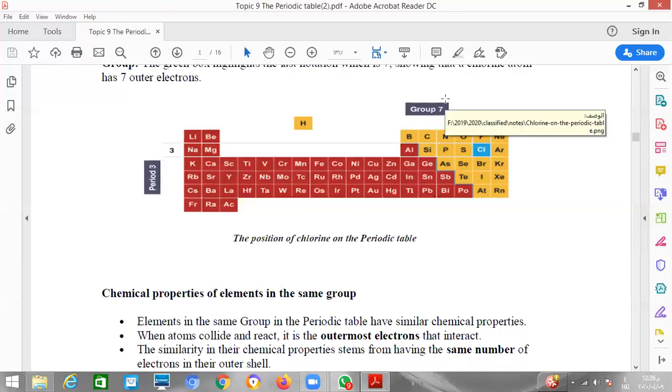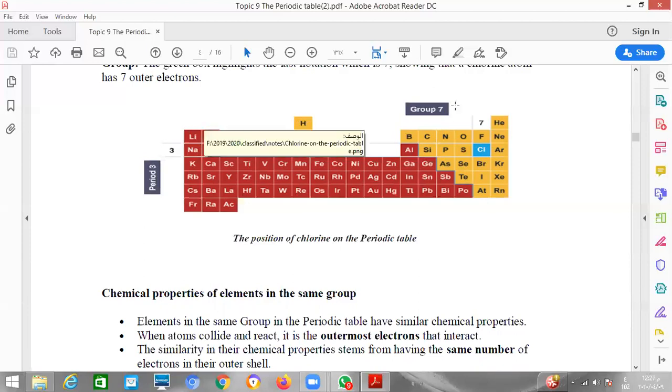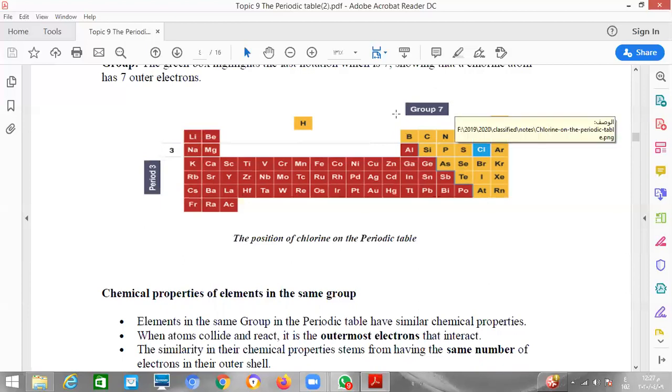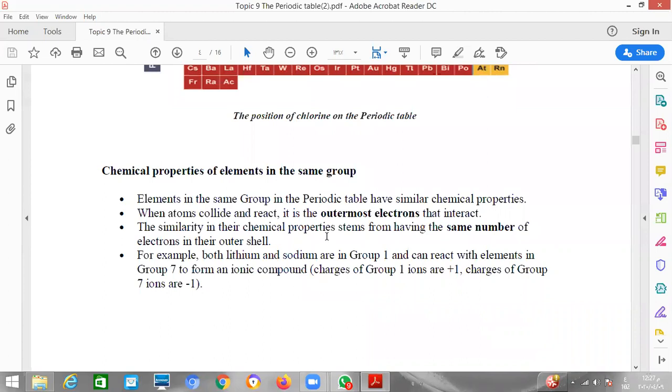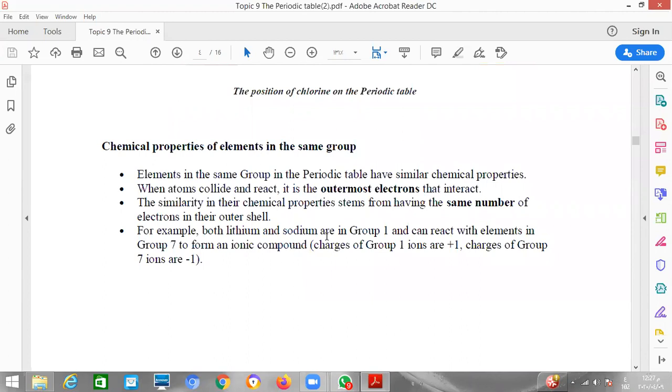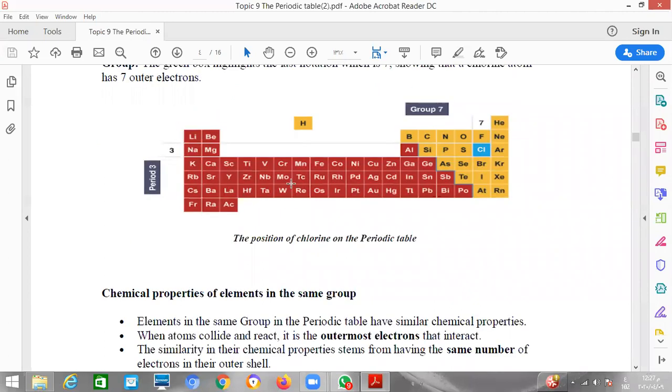Sometimes in the IGCSE exam they bring a copy with hydrogen in the middle, sometimes on the left, sometimes on the right. So there is no problem about the position of hydrogen. There is no specific position for hydrogen in the periodic table. Okay, boys? Yes, sir.